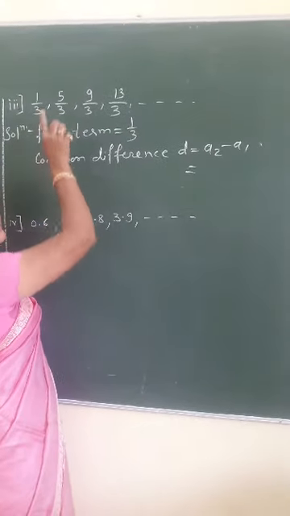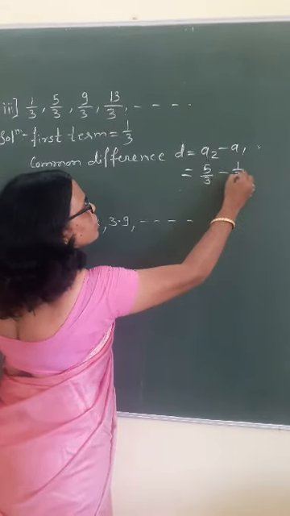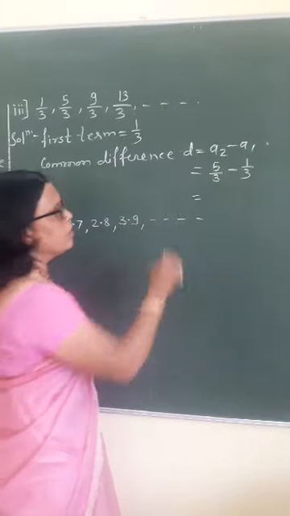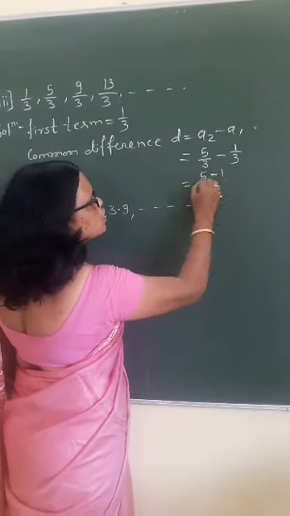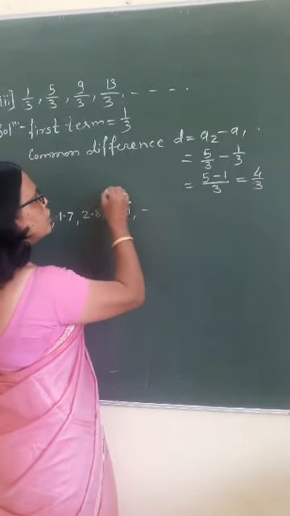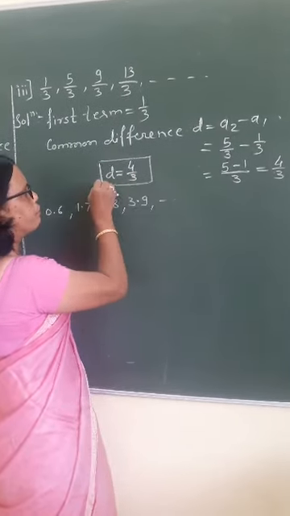The second term is 5 by 3, and the first term is 1 by 3. You are finding the denominator is the same, so we will do 5 minus 1 by 3, and that is nothing but 4 by 3. So here we got the common difference as 4 by 3.